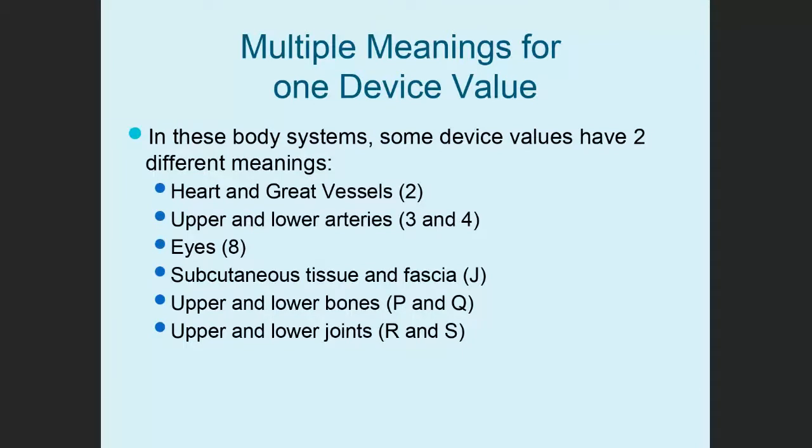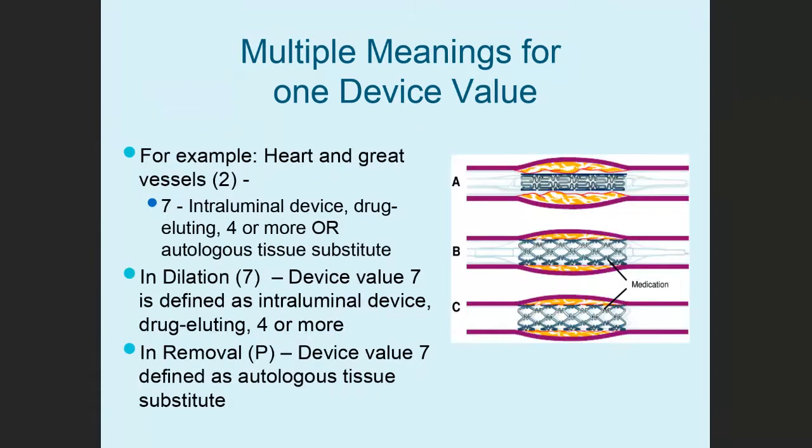Other device characters are given multiple meanings within the same body system. This occurs in heart and great vessels, upper and lower arteries, eyes, subcutaneous tissue and fascia, upper and lower bones, and upper and lower joints. So here's an example. In the body system heart and great vessels, the value for device value 7 varies.